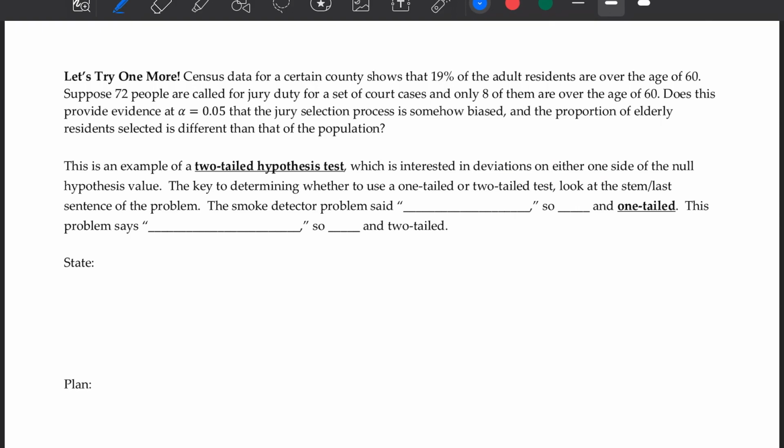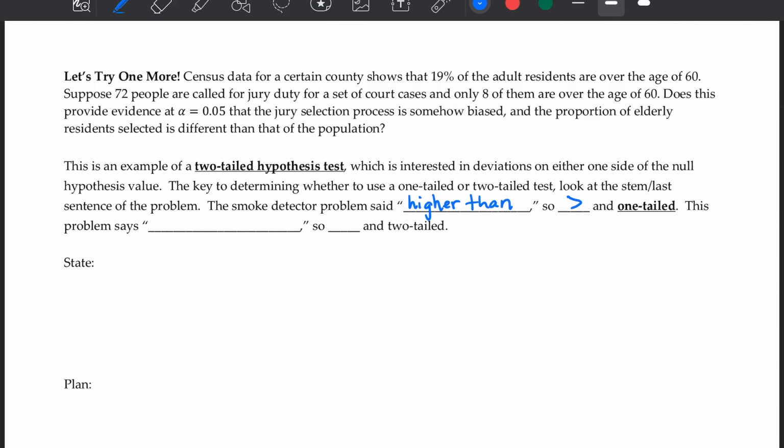The key to determining whether to use a one-tail or two-tail test is all in the wording of the problem. Specifically in these ones, it's the last sentence that lets you know. Sometimes it's not, so be aware. The smoke detector problem said they were interested in thinking that maybe they had a larger proportion, higher than the national average. That's why we set our alternative hypothesis as greater than, because it's one-tailed.